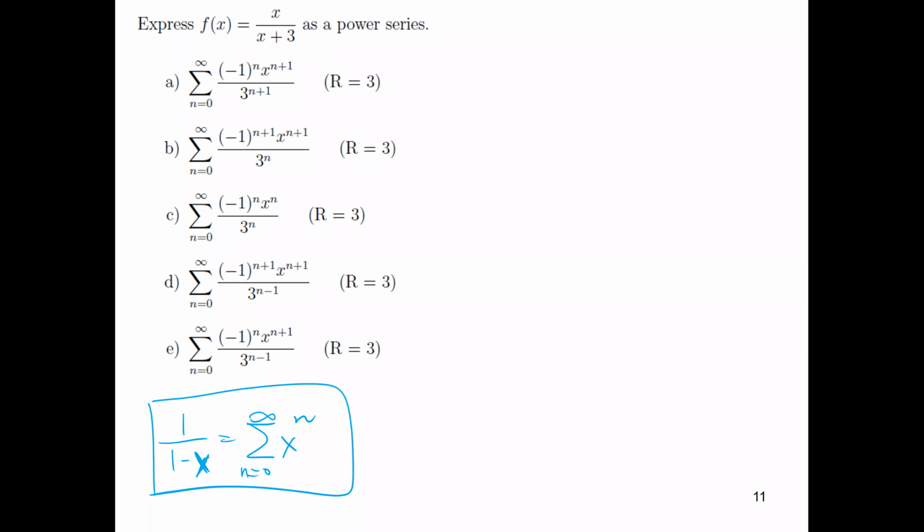And of course, x must be between -1 and 1. Okay, now let's start moving, because my function looks almost like this. I have x, and let me maybe do it this way.